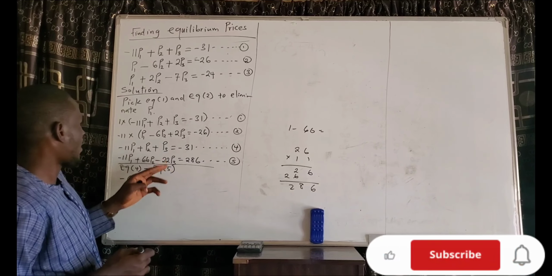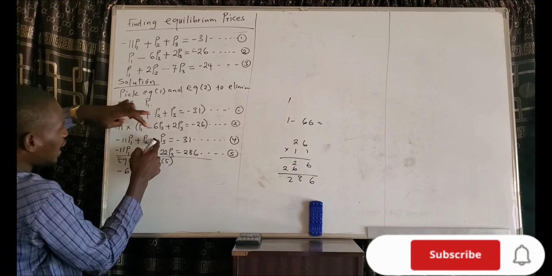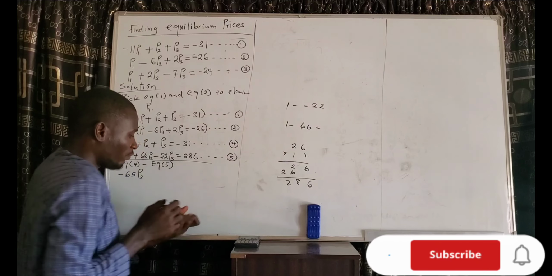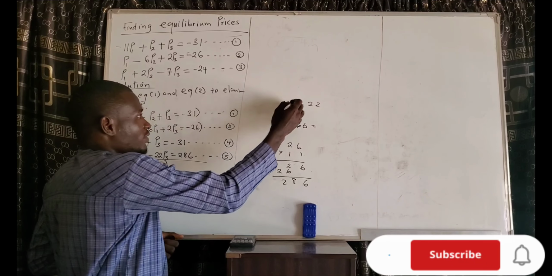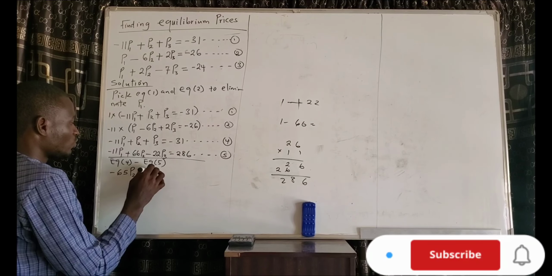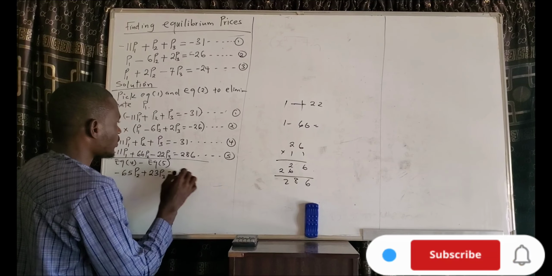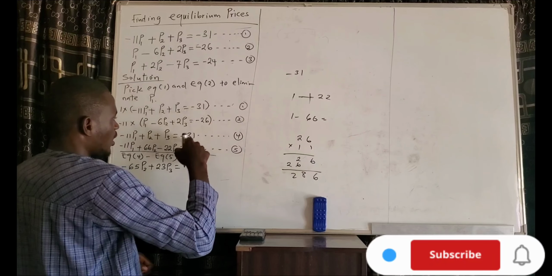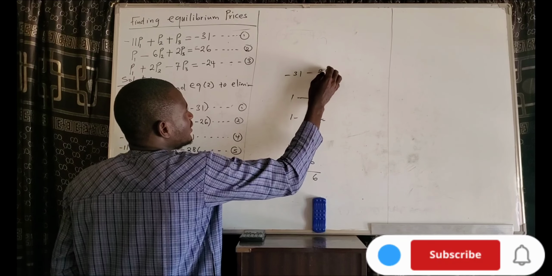Here we have 1 minus 22; when you have two negative signs in the same place, it changes to positive, so we have positive 23 P3 equal to negative 81 minus negative 286.